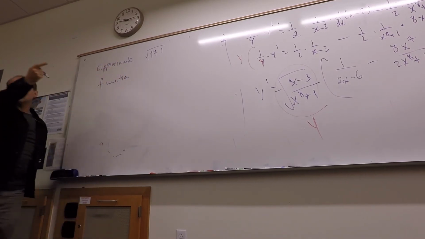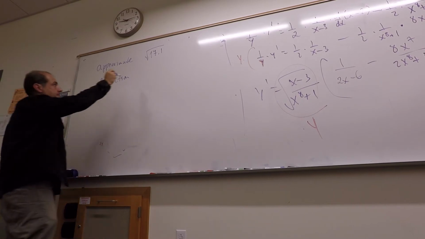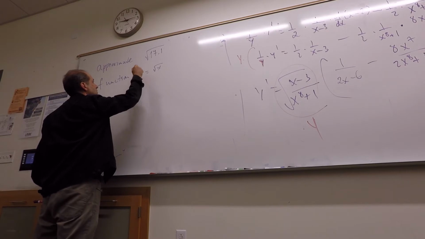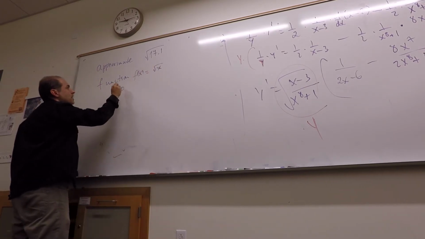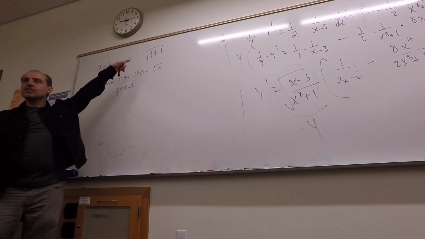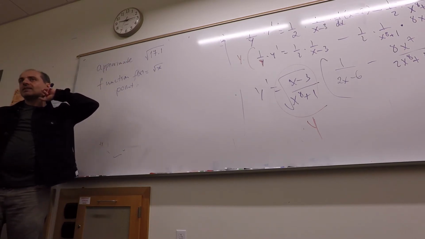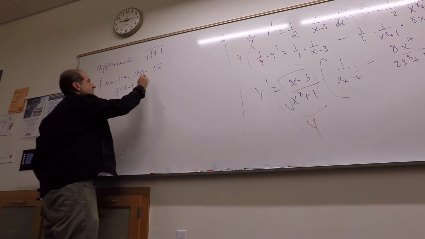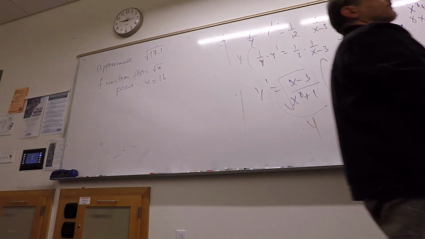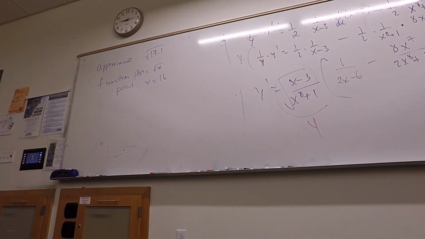If it's square root, you go with square root of x. Or should I call it f of x? And then what point? The point will be a nice point whose square root you can do. 16. So you can come from either left or right, right? Just as long as it's close to 17.1, but the closest point to 17.1 whose square root you can do nicely.